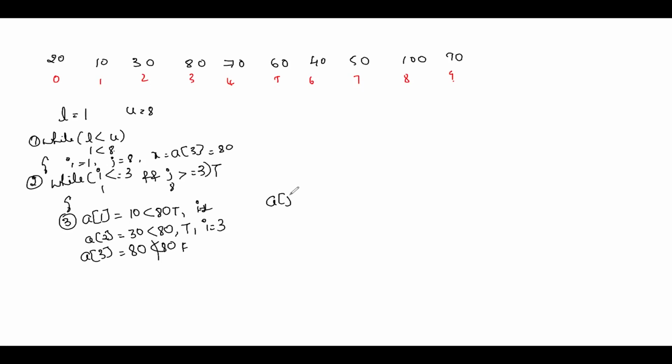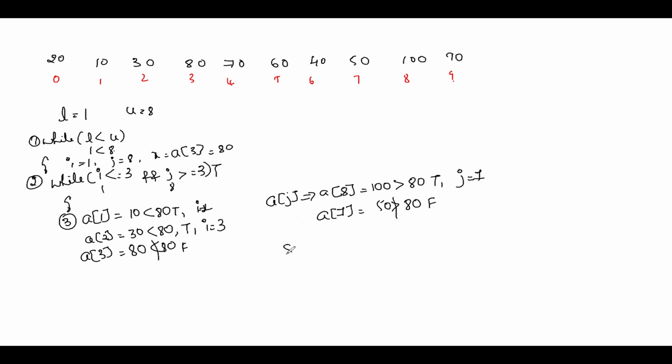Next, I'm going to check for the j value, A of j. The j value I have is 8. A of 8 is nothing but 100. Is it greater than the x value? Yes, it is true. Hence, I'm going to reduce the j value to 7. Next, I will check A of 7, which is nothing but 50. Is it greater than 80? No, it is not. Hence, I'm going to stop the j value as well.